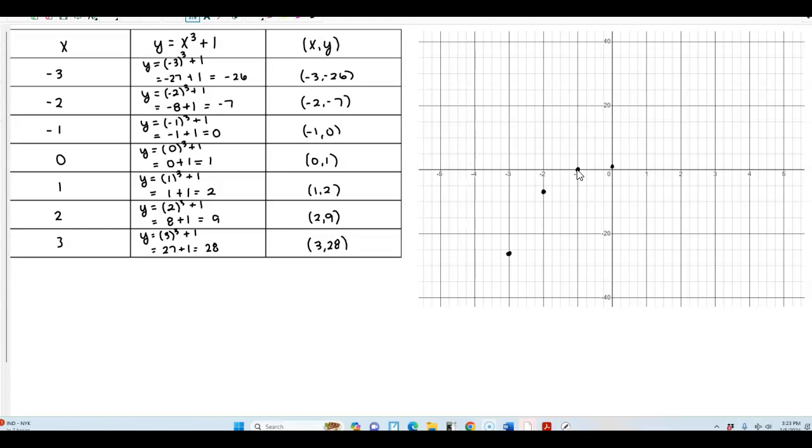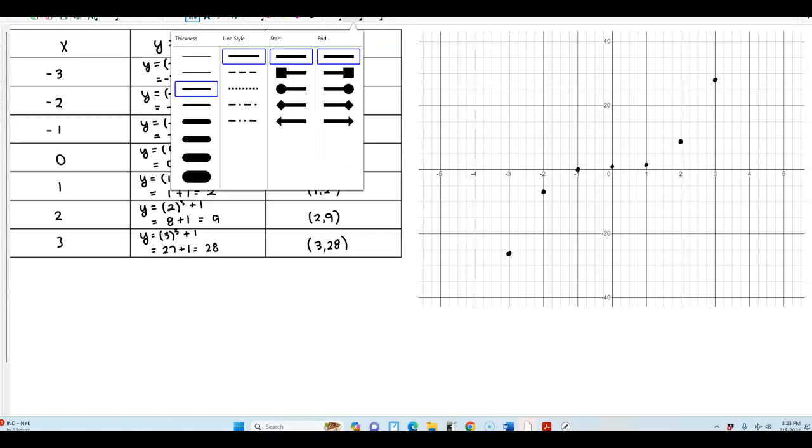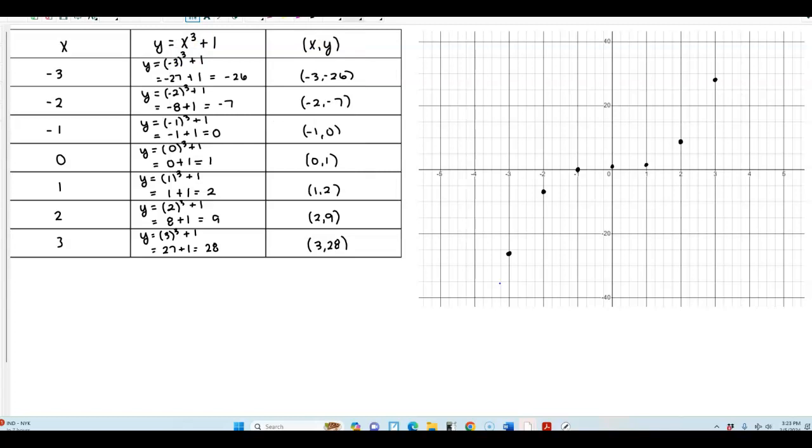Then we have 1 and then 2, so we have it just a little bit above that. Then we have 2 and then 9, so it's going to be right before the 10. Then we have 3 and then 28, so that should be somewhere close to 30 up here. And now let's go ahead and trace our values.